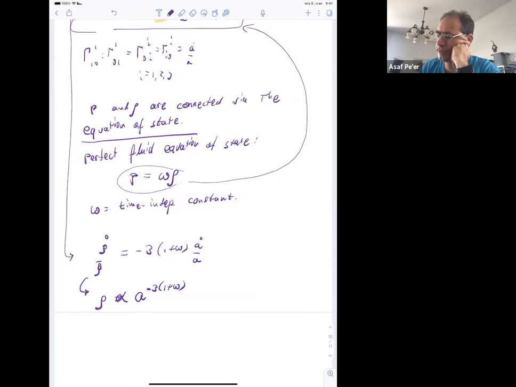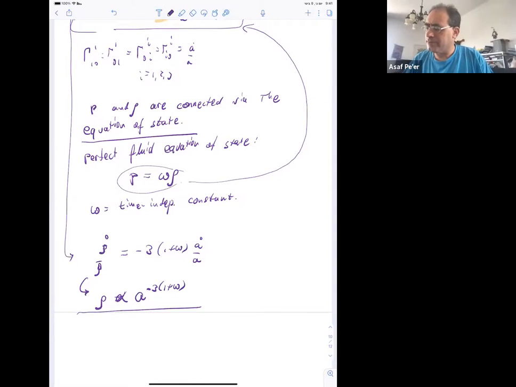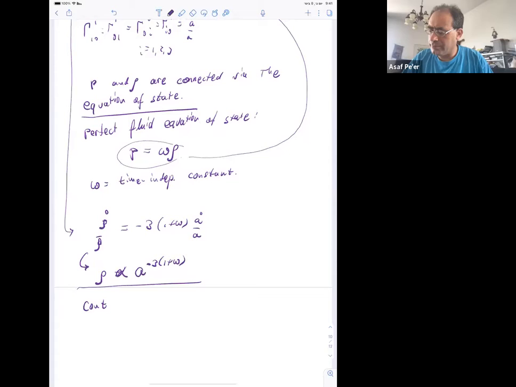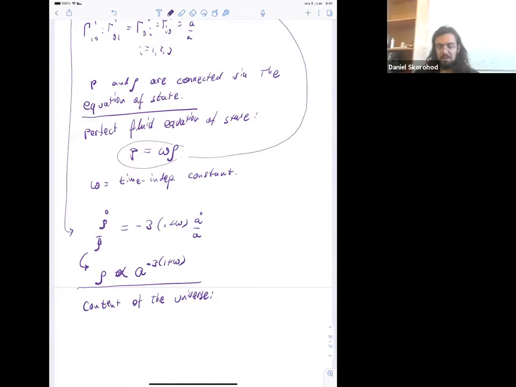Okay, now I can ask myself, what do we have in the universe? We said the universe is a perfect fluid, but this is kind of a general statement. So what is there in the universe? Matter.